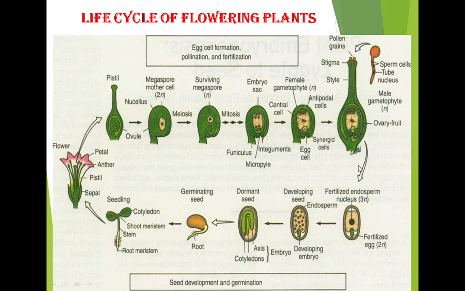Same is the case कि यहाँ पर है fertilized egg, then changes into seed, then germinates into a new plant. This is the whole life cycle of flowering plants.